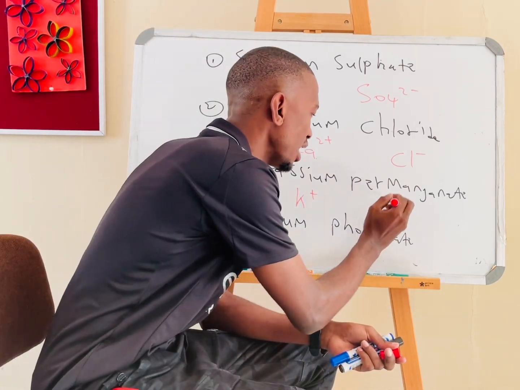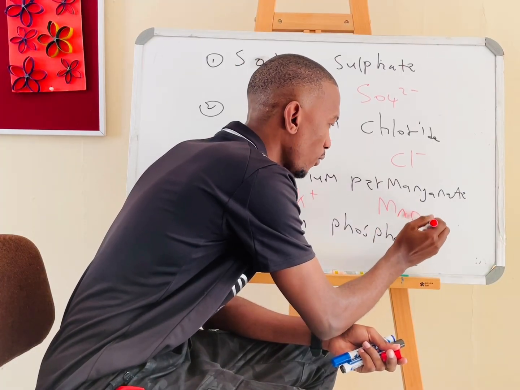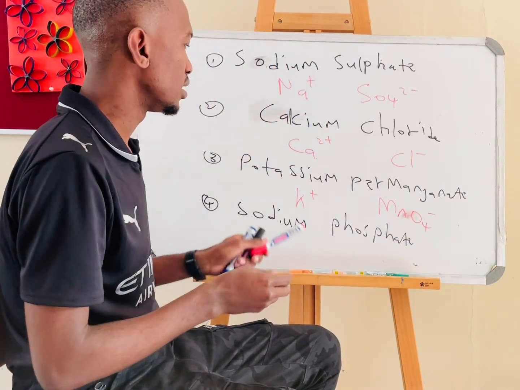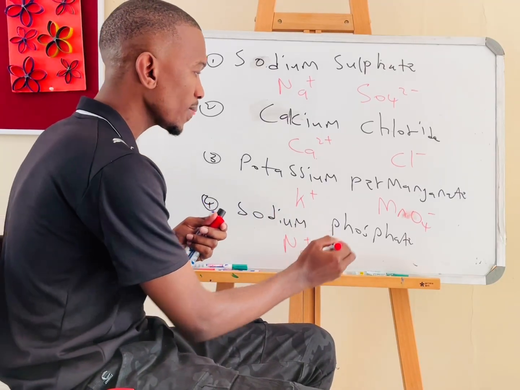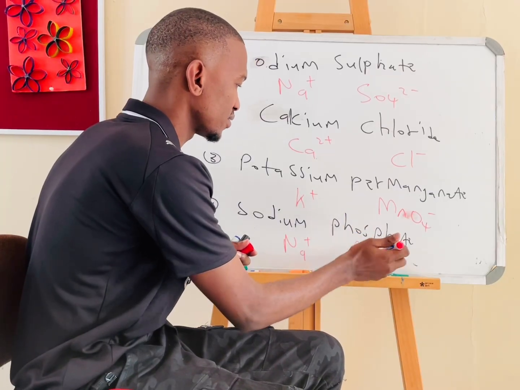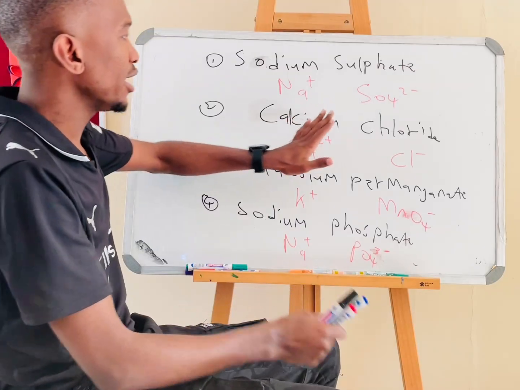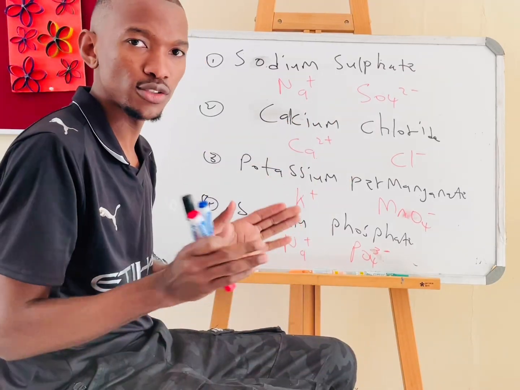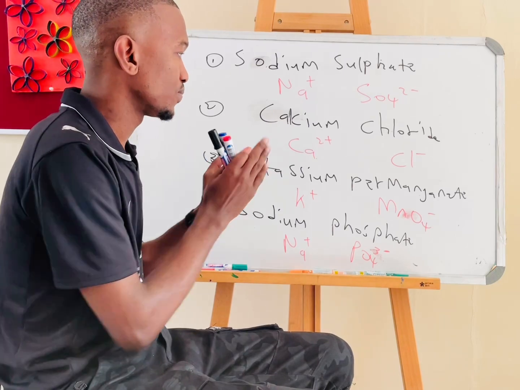So this one is going to be MnO4-, Mn, manganese with oxygen 4, like that. And then sodium again, and then phosphate is PO4 3-. Okay, so now these are the ions in a solution.